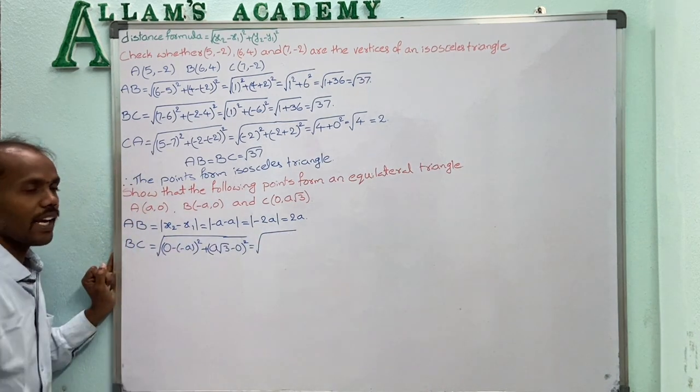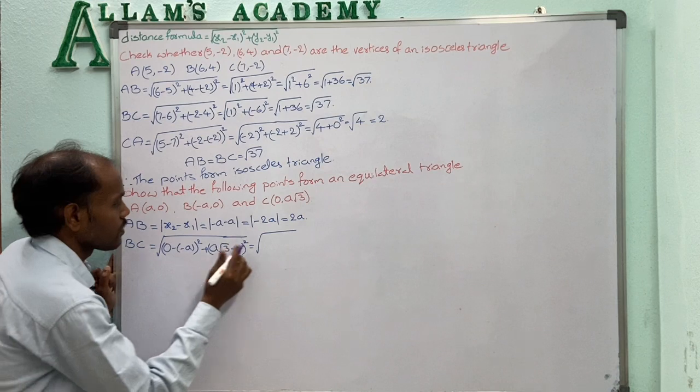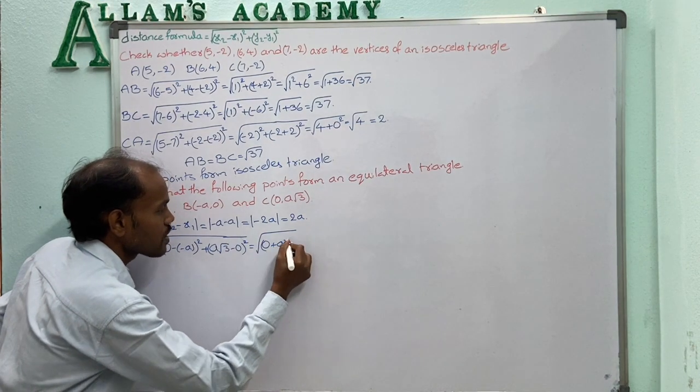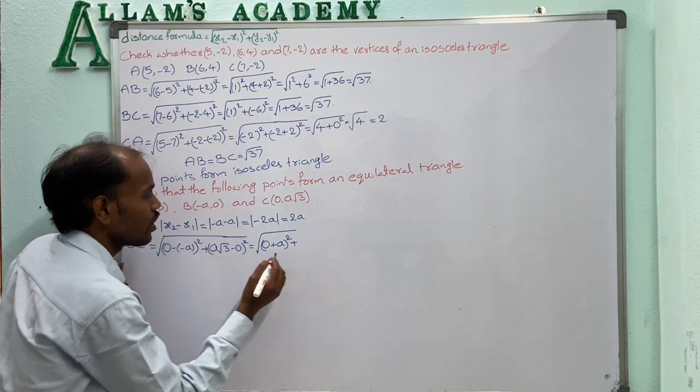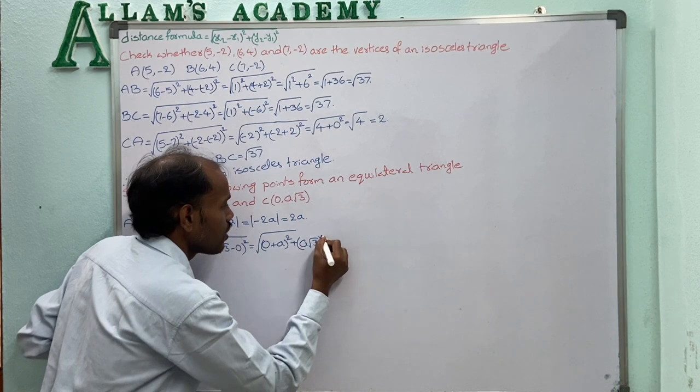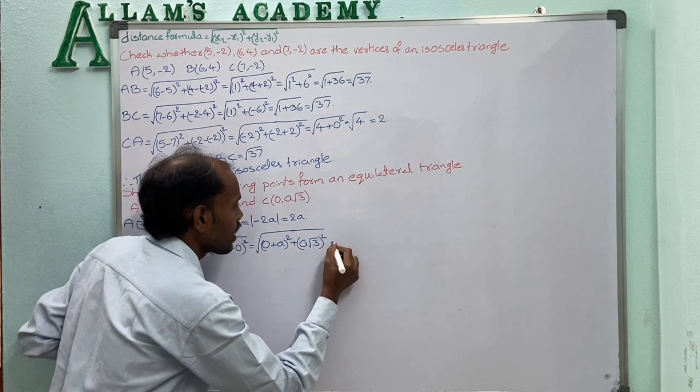Minus of minus a equals plus a, so we have the square root of (0 plus a) whole square plus a root 3 whole square. 0 plus a is nothing but a.